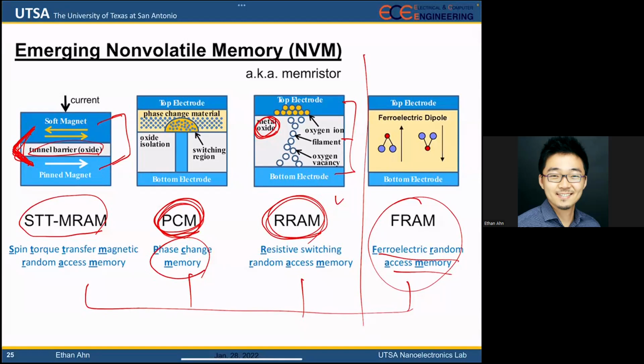But very lately, researchers found this ferroelectric property not only in complex oxides, but also in other oxides that have been conventionally used, something we feel familiar with, for example, hafnium oxide. Hafnium oxide has been used in CMOS a lot as a high-K dielectric material. So we know this material well and have a lot of knowledge about it, but we found ferroelectric property there, in those familiar types of materials.